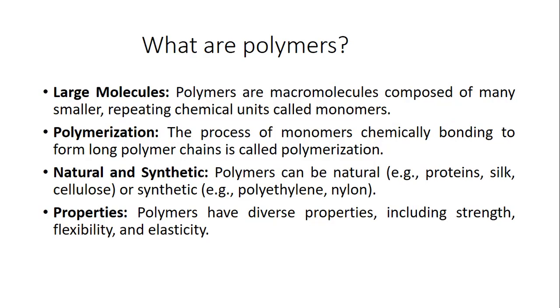Each monomer is attracted to its neighboring monomer by a chemical bond, and thereby the polymerization process begins. Polymers can be either natural or synthetic, and some examples are classified below. The general properties of polymers include strength, flexibility, and elasticity, which are common in polymer materials.